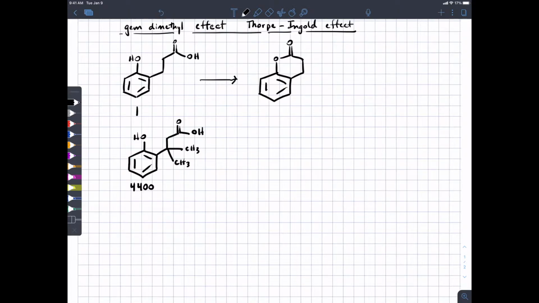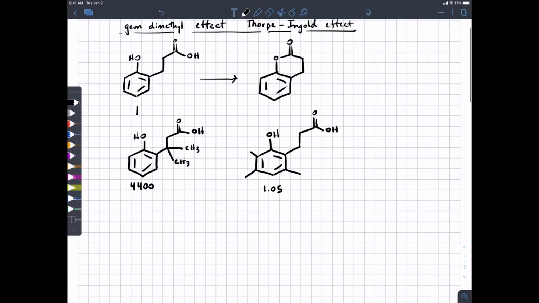Sometimes in physical organic chemistry, when you see an effect, you try to push it and see how far it can go. This is from the Wikipedia page. If you add methyl groups to the aromatic ring, they're far enough away from the carbon chain of the carboxylic acid that it doesn't make much of a difference.